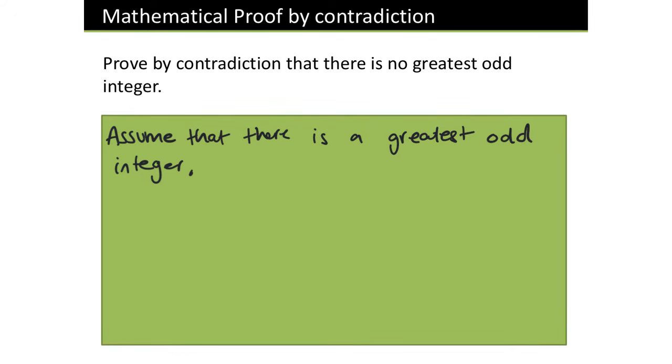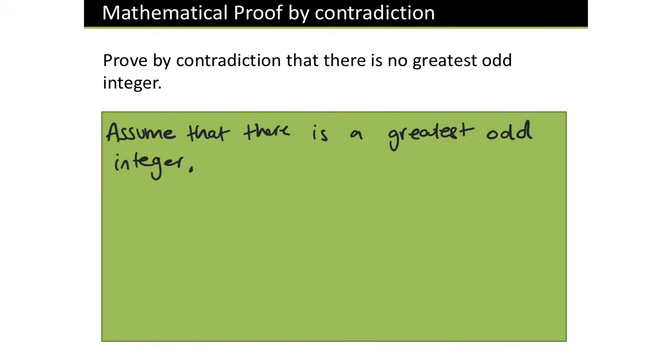We now need to think, okay, what else are we going to do? So we know 2n plus 1 is odd. Okay? So 2n plus 1 is odd. What else do we know about this? We know that 2n is even.